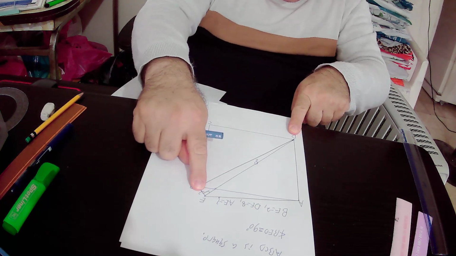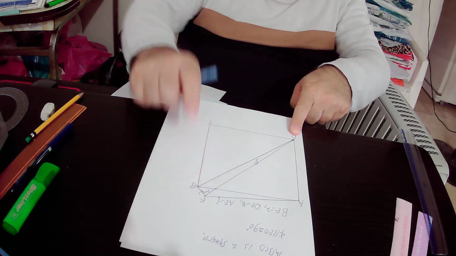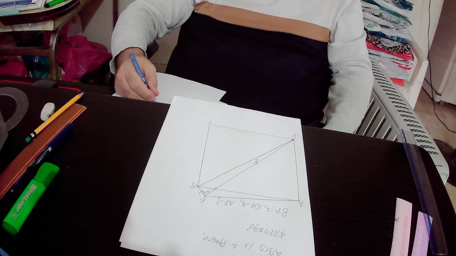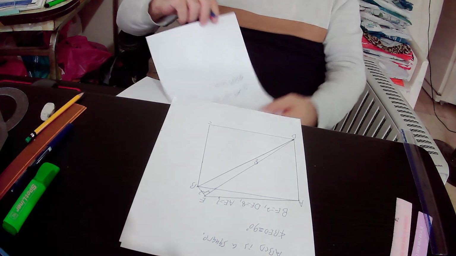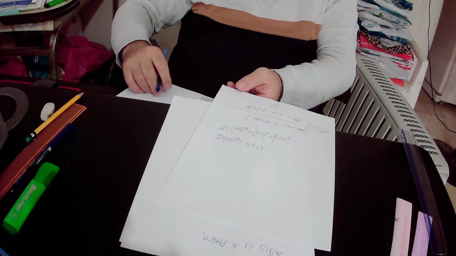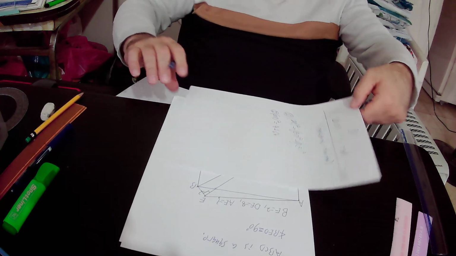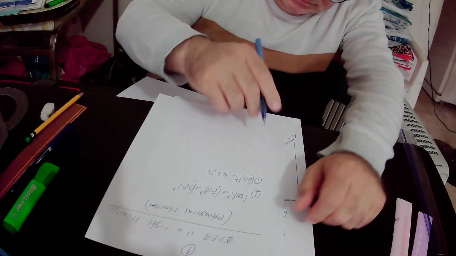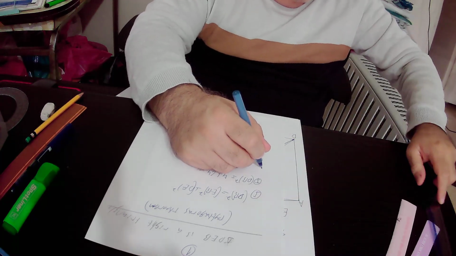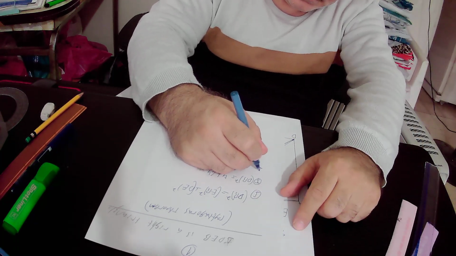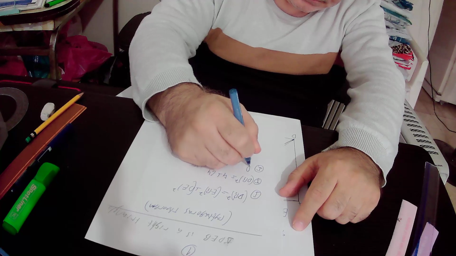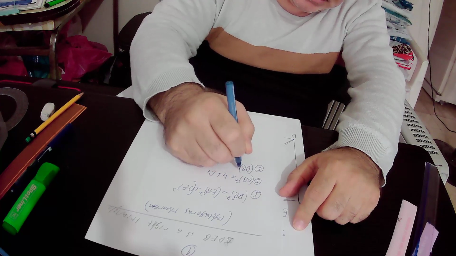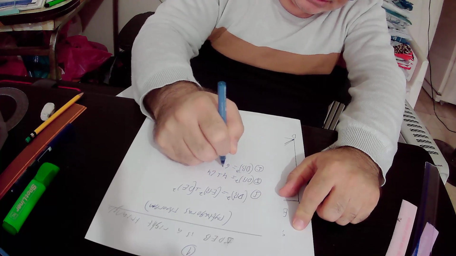DE equals 8, and 8 squared is 64. So in total we got that DB squared equals 64 plus 4, that is 68. So I will write it down: we found out that DB squared equals 68.